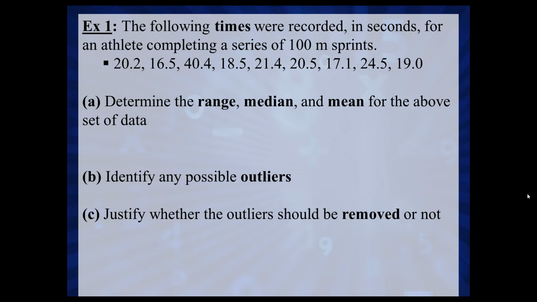Since we're going to do a calculation for range and median, it would be very helpful to organize the data from smallest to biggest. So the smallest number in this data set is 16.5. Then 17.1. Then 18.5. Then 19.0.